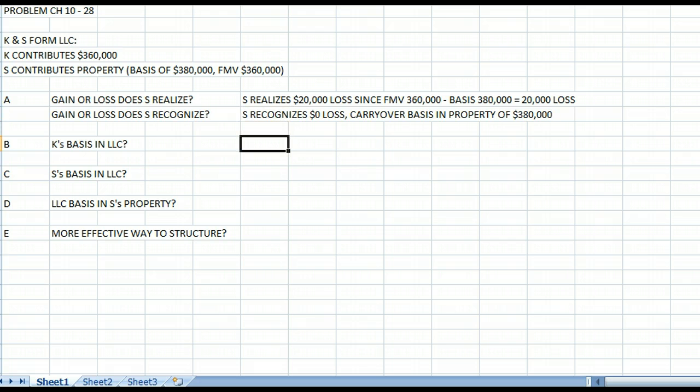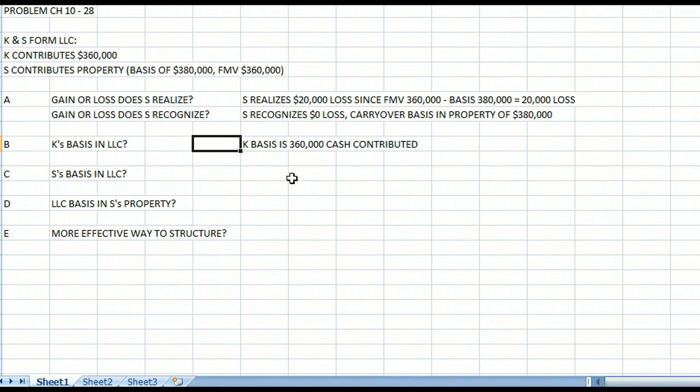Question B then asks, what is K's basis in the LLC interest? K's basis is the $360,000 cash contributed.